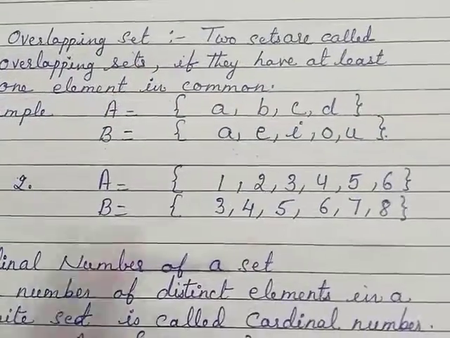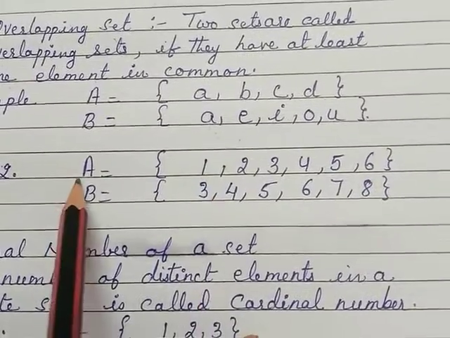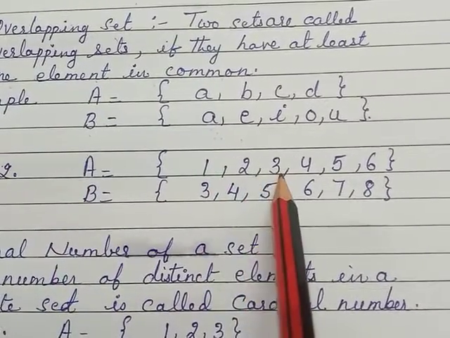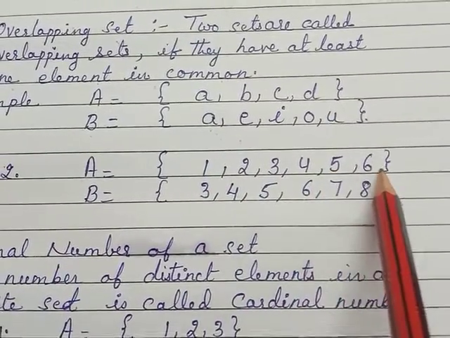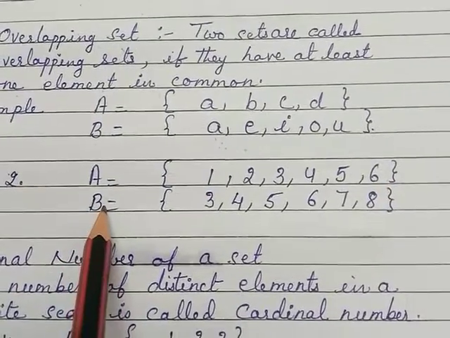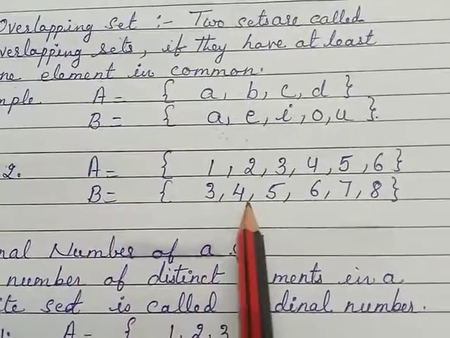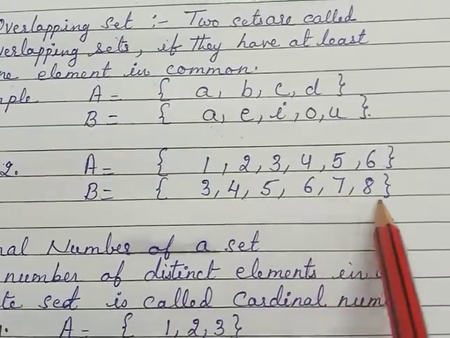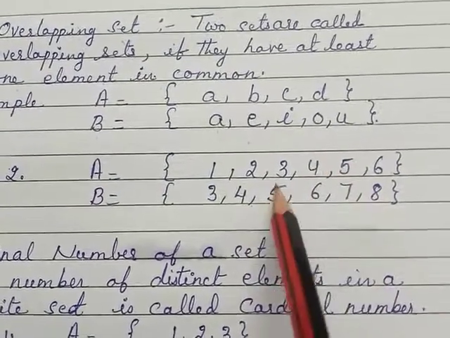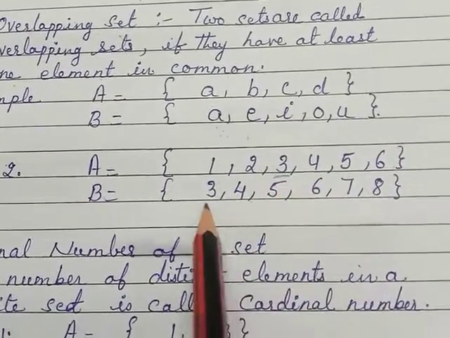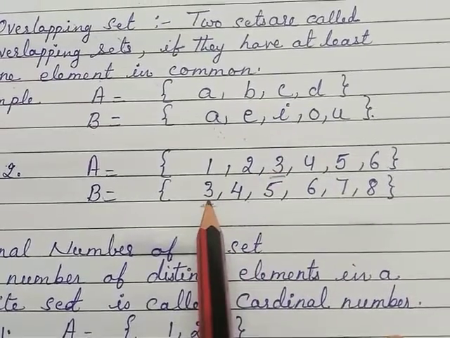One more example I have taken. Here set A has 1, 2, 3, 4, 5 and 6 as elements, and set B has 3, 4, 5, 6, 7, 8. Now you can see the common elements. 3 is here, and 3 is here also, so one element is common.